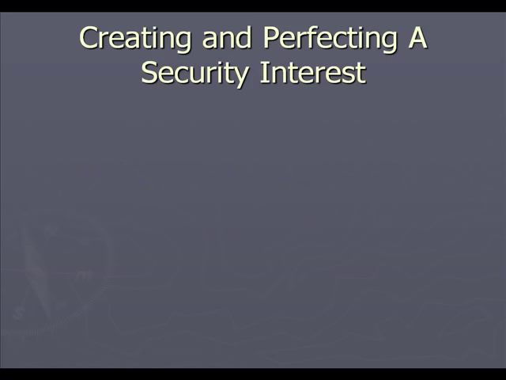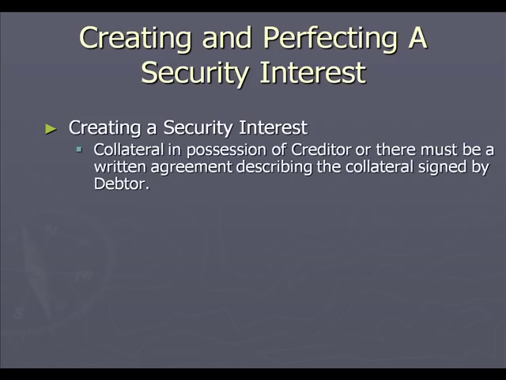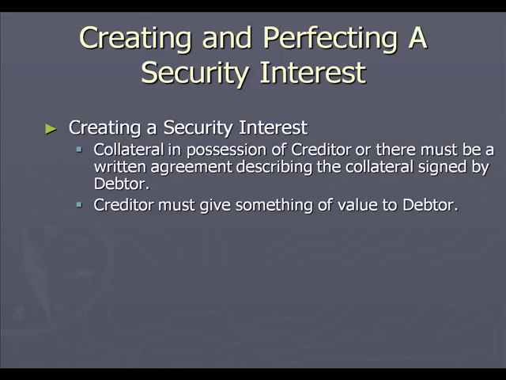Now, first of all, if somebody, often a bank, wants to make a loan to someone else, they want to do what's called create and perfect their security interest in the collateral. So the first step is the creation of the security interest. And the steps here are basically that there's a couple options.